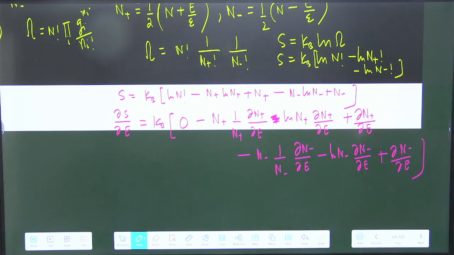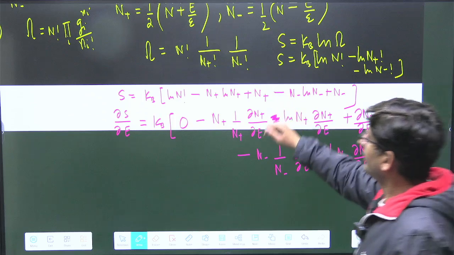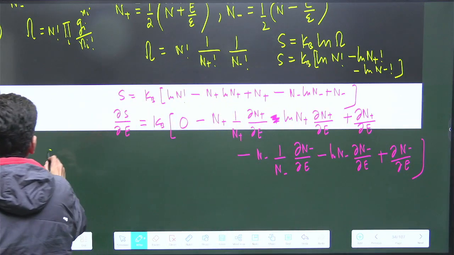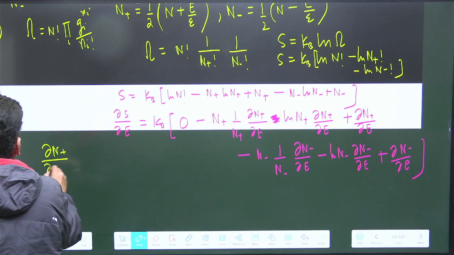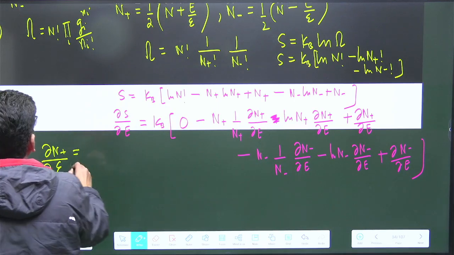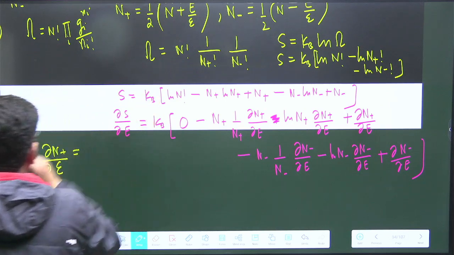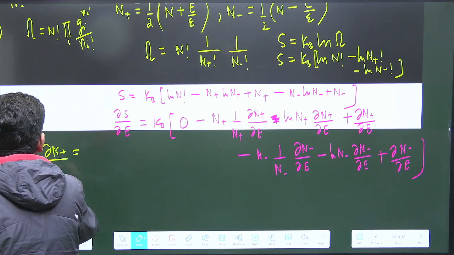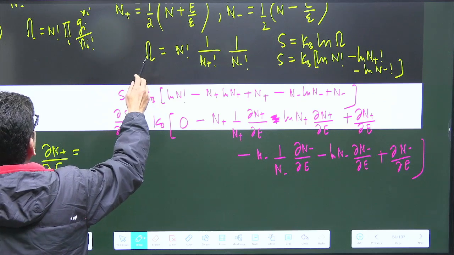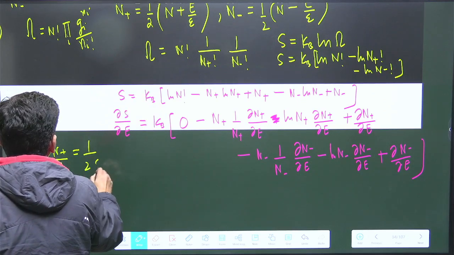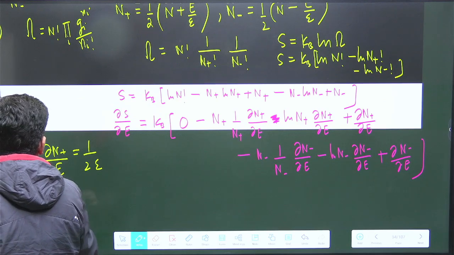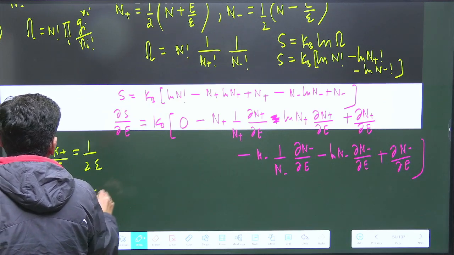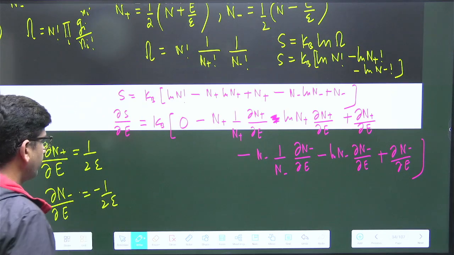Now what is del n plus by del E? From the above equation, del n plus by del E will become 1 by 2E, and del n minus by del E will become minus 1 by 2E.